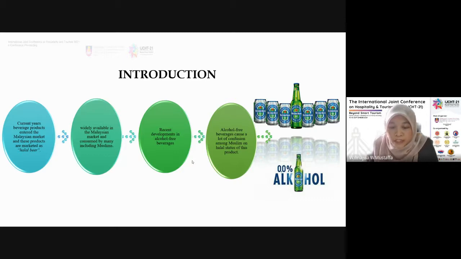In recent years, beverage products originating from the Middle East have entered the Malaysian market, marketed as halal beer. These products failed in their attempt to get certification from Halal Malaysia due to the usage of the word beer. However, they are still widely available in the Malaysian market and consumed by many, including Muslims.